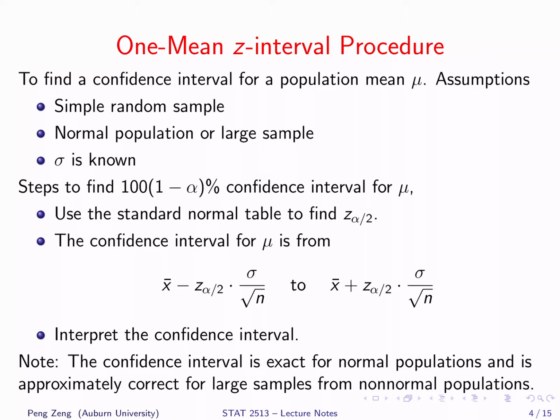The confidence interval for mu is therefore X bar plus or minus Z alpha over 2 times sigma over square root n. Last, make sure to interpret the confidence interval. Notice that when the population distribution is normal, this confidence interval is exact. Otherwise, the confidence interval is approximately correct only when the sample size is large enough.